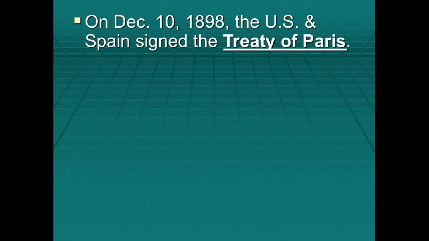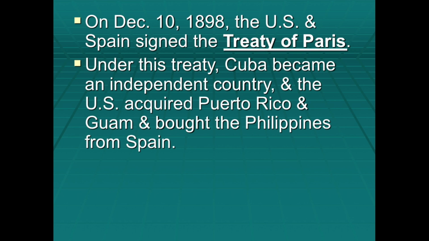On December 10th, 1898, the U.S. and Spain signed the Treaty of Paris. Under this treaty, Cuba became an independent country, and the U.S. acquired Puerto Rico, Guam, and bought the Philippines from Spain. So basically, America's winning the Spanish-American War. And for an X amount of money, they bought Spain's claim of the Philippines, bringing the Philippines underneath the U.S. now.